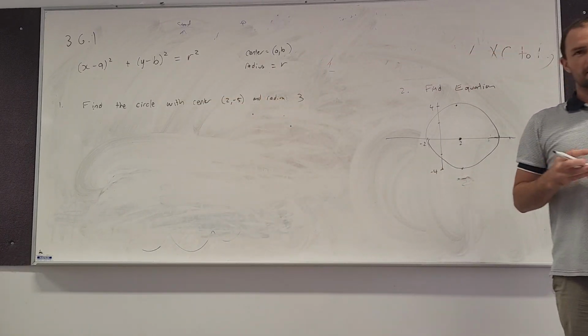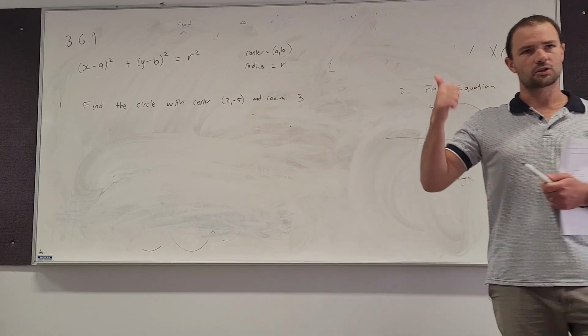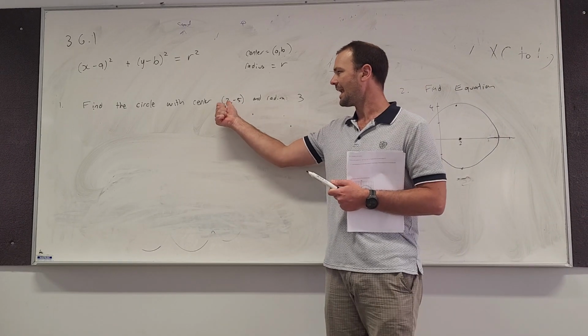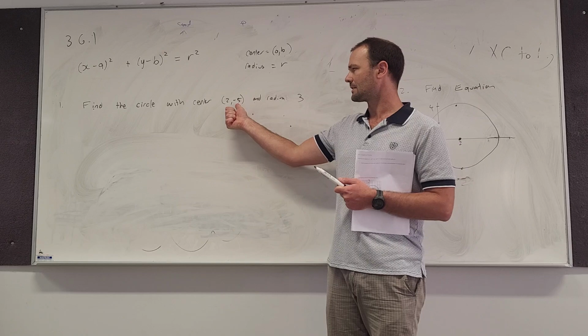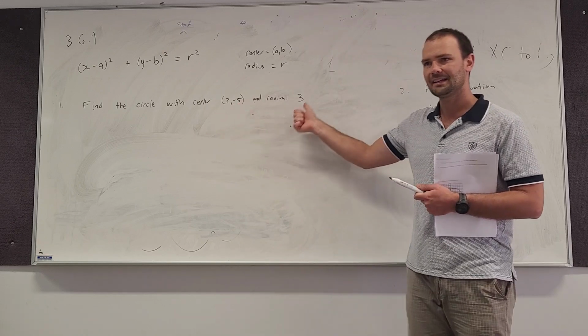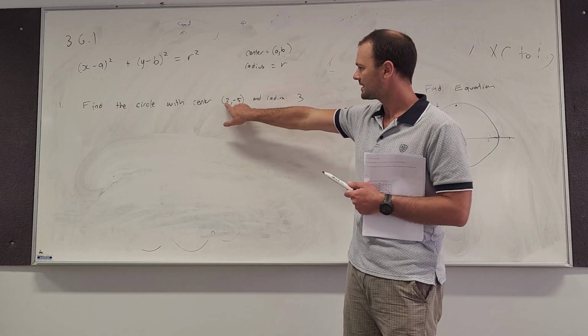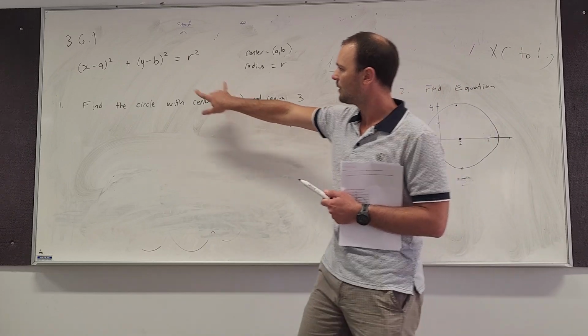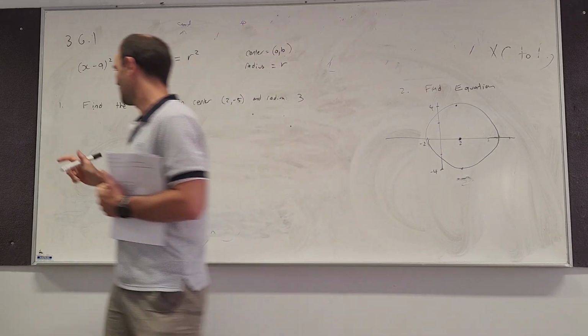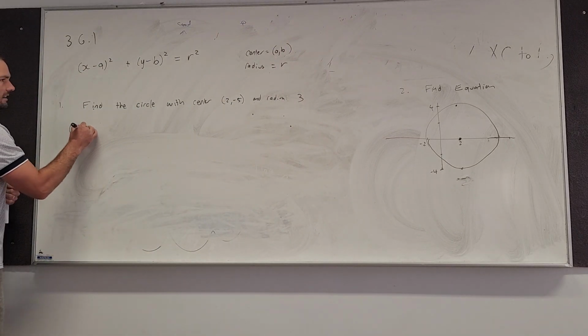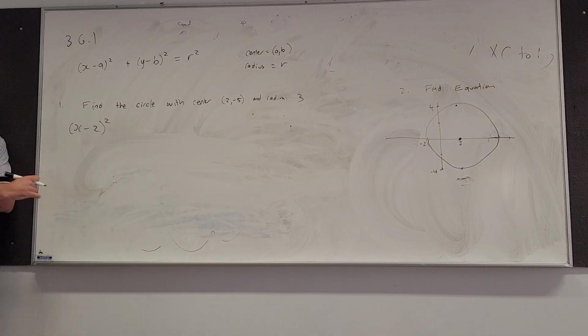So, firstly, find the equation of a circle with center x is 2, y is minus 5, and radius 3. All we're doing is substituting in, there's a, that's the value of b, we're putting them into this equation. So it's going to be (x − 2)².